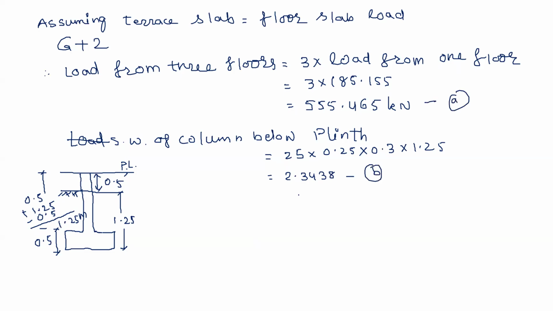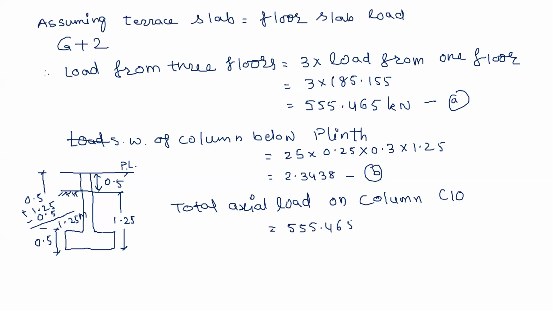So total axial load on column C10 is A plus B, that is 555.465 plus 2.3438.